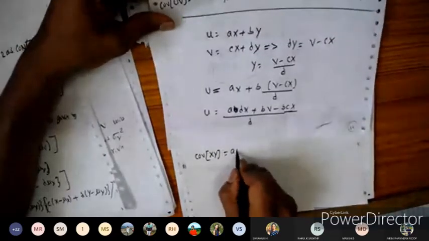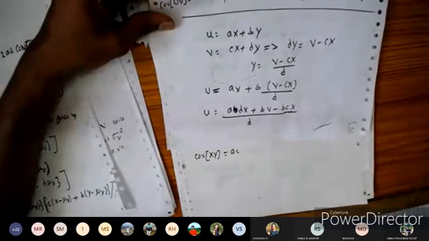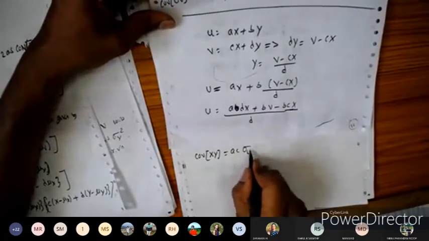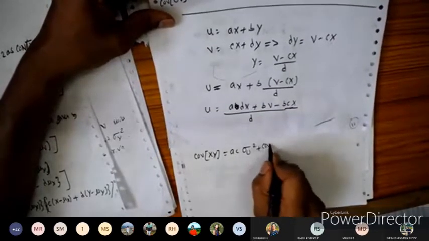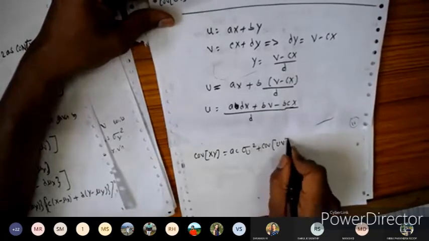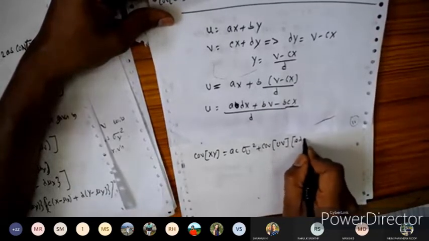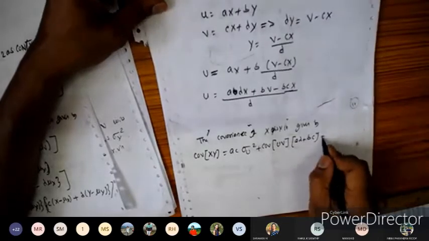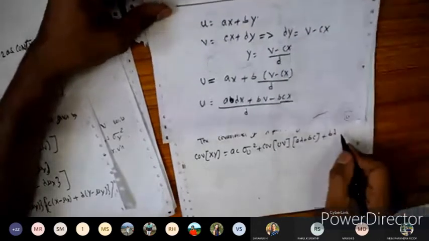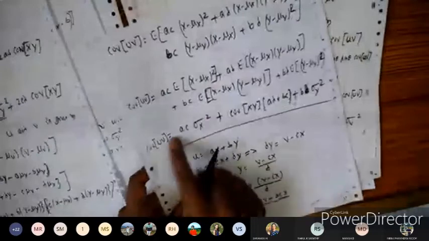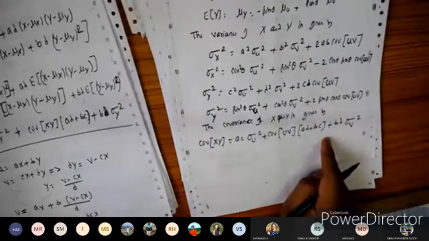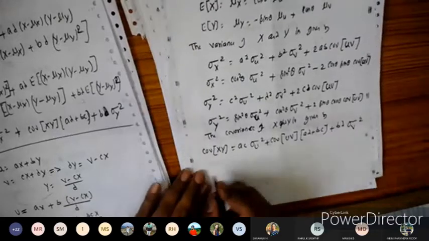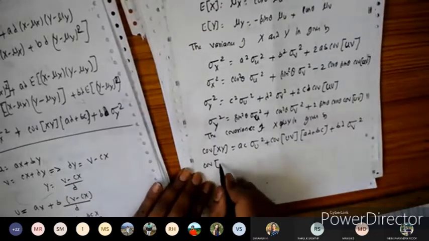So it is a into c into sigma u square plus covariance of u and v into AD plus BC, plus B into D into sigma v square. In the same way we got this one, I have written the expression based on this concept. I'm just interchanging the variables x and y with u and v. That's it.